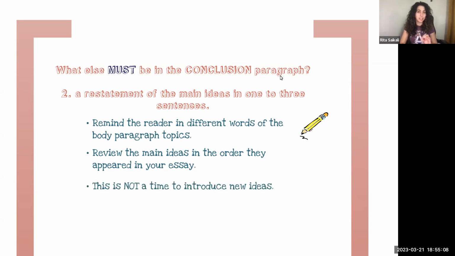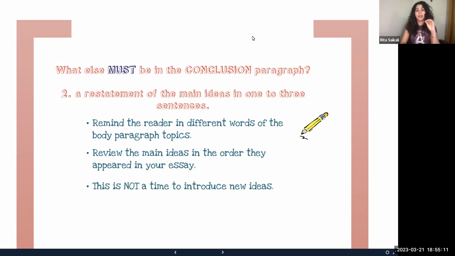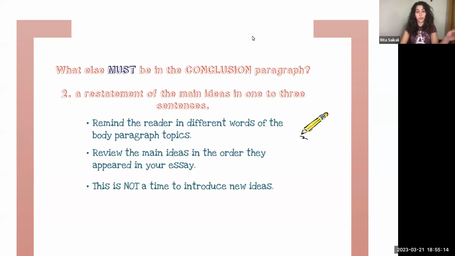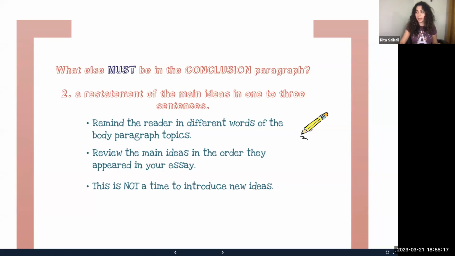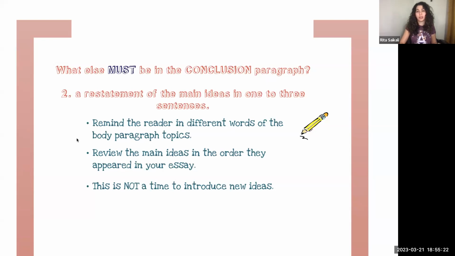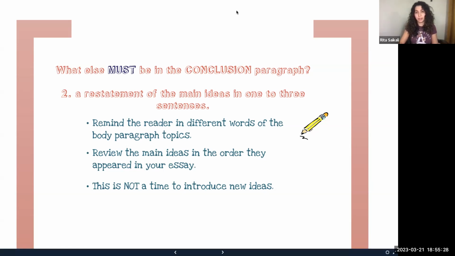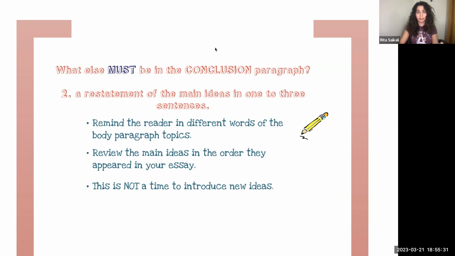And this is not the time to introduce new ideas. This would be the time to just remind people of the ideas that you already talked about. The way I like to think about it is this way. Let me see if I can draw it somewhere. One second. Okay, so imagine having your main idea, your introduction here, then you talk about it, then you start with idea number 1, then it goes into idea number 2.